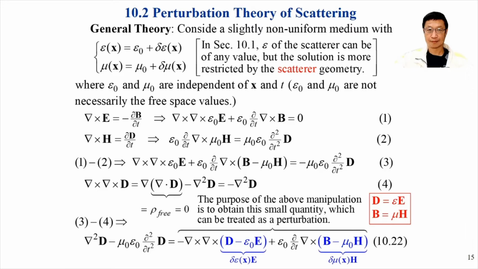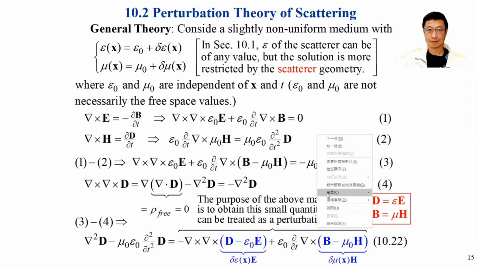Epsilon 0 here stays here. And we take partial time derivative, and this one will be a double time derivative. So we got this one.